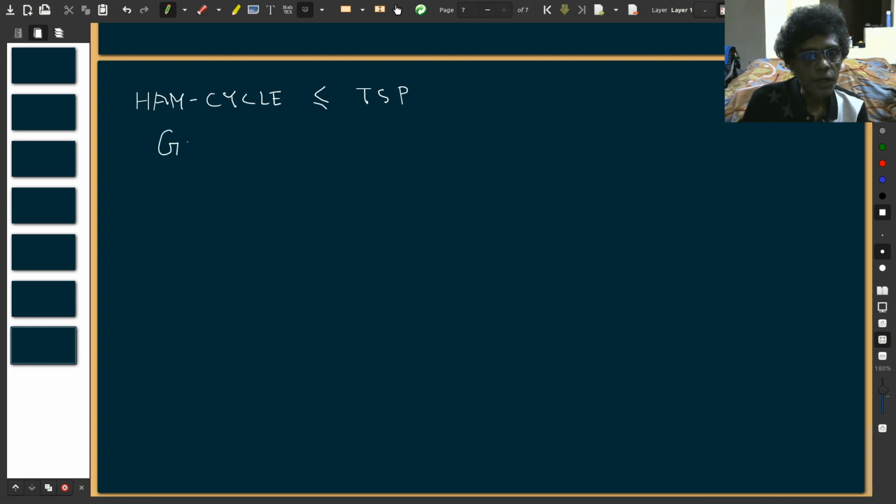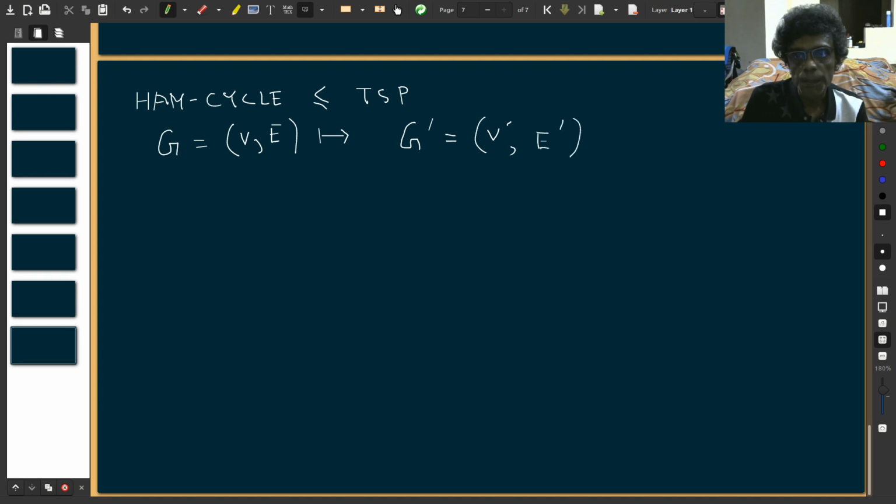In other words, I have to take G equal to (V, E), a graph, and convert it to another graph, G prime, with V prime and E prime. But this E prime is now the complete set of edges along with some weight function. The original does not have a weight.